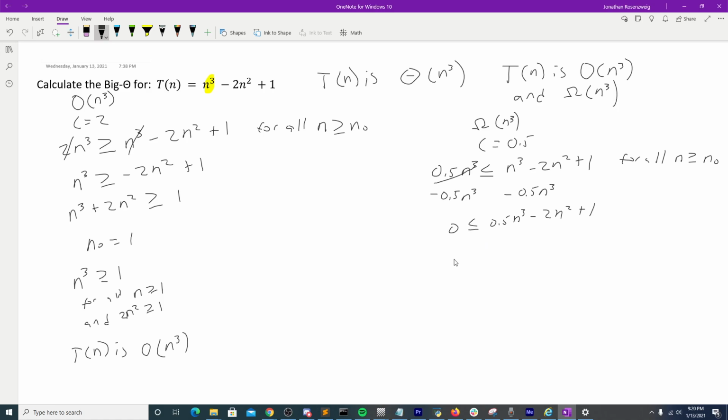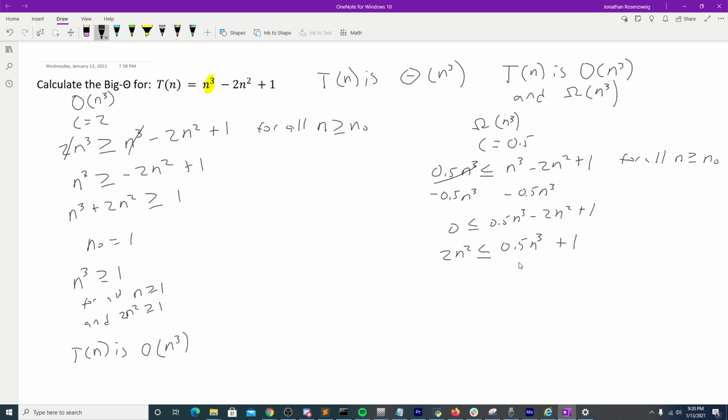So 2n squared is less than or equal to 0.5 n cubed plus 1.